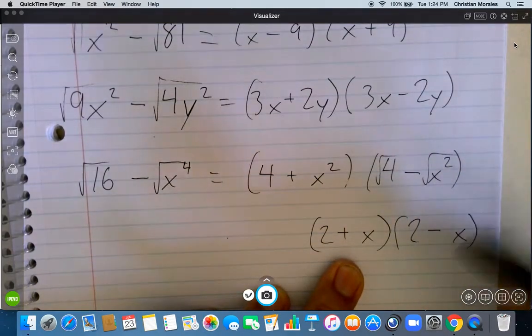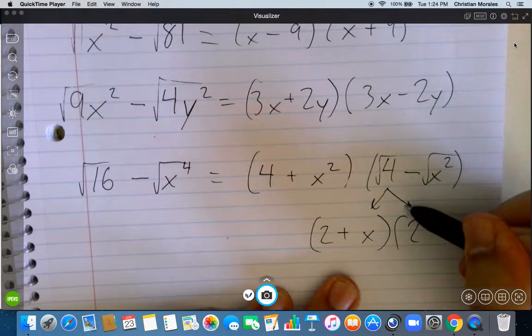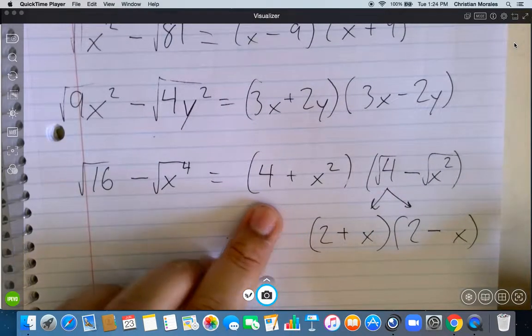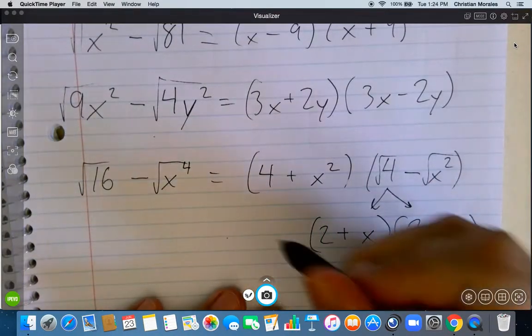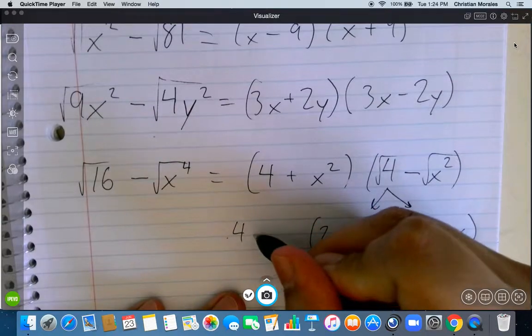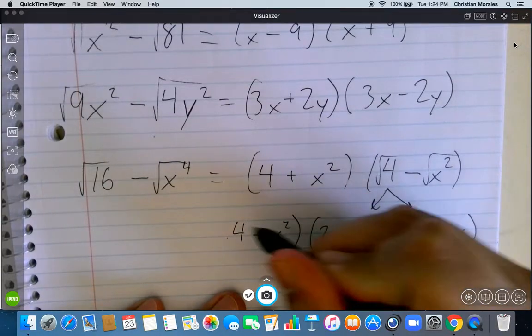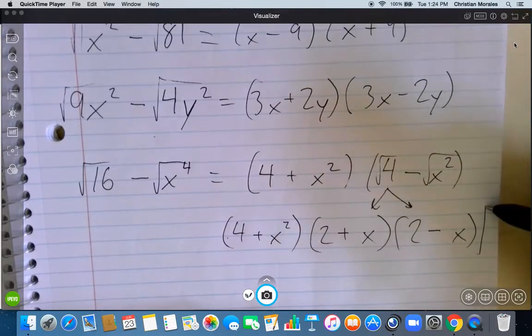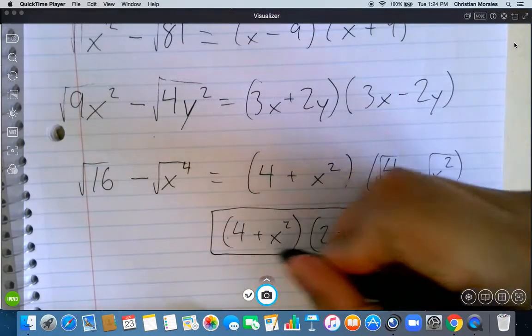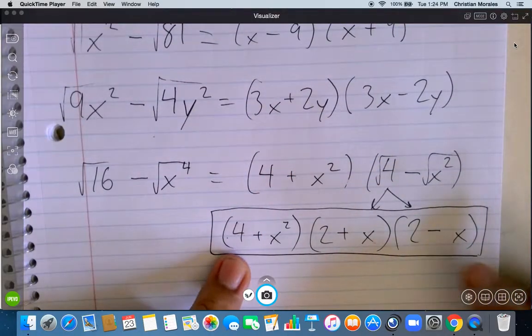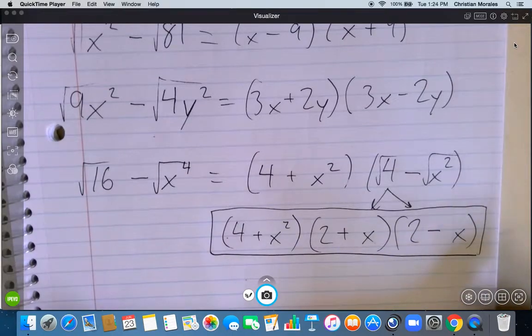So this breaks down into two other factors. But what about this one? Well, you couldn't do that to this one, so this one's going to stay the same. And guys, your answer is 3 different sets of parentheses. That would be the factored form of this.